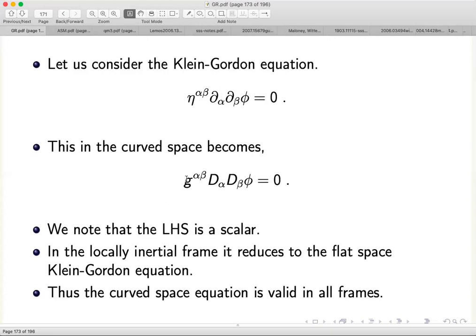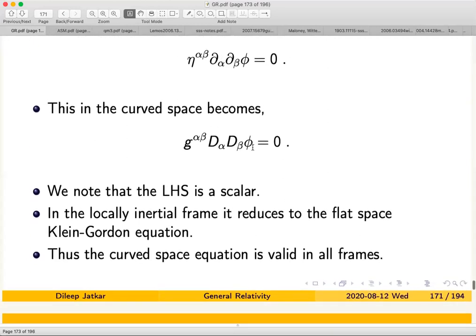That is what gives us the Klein-Gordon equation in this particular form, although you may not have seen it in this covariant way, because the derivative could have been just an ordinary partial derivative and it would be the same equation. For a scalar field the Riemann-Christoffel connection doesn't act on a scalar.